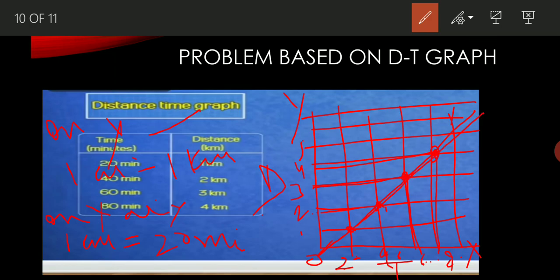And as you all know, if we are getting a straight line graph on the distance time graph, it always indicates that the object or the vehicle is moving with uniform speed or constant speed. So you can also see here that in 20 minutes it moves 1 kilometer, in 40 minutes it moves 2 kilometers. It means each 20 minutes it is traveling 1 kilometer. So it is obvious that it is moving with uniform speed, and this is also proved by plotting a graph after putting all these values.